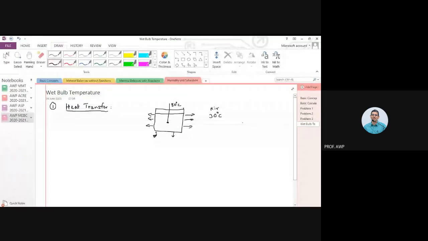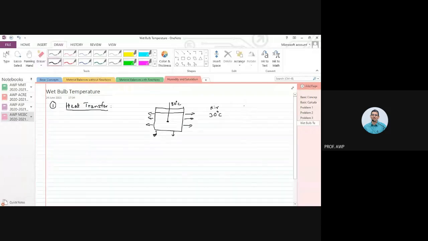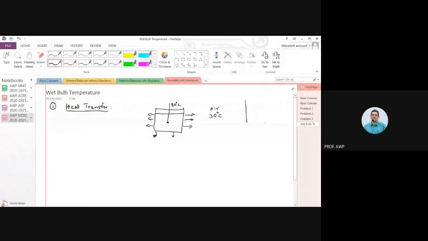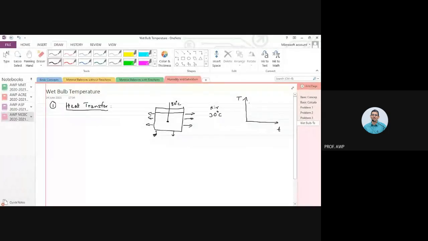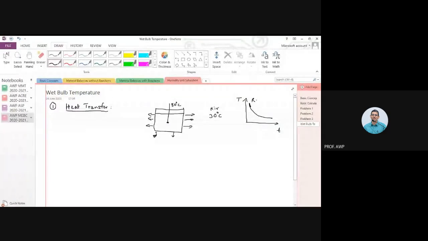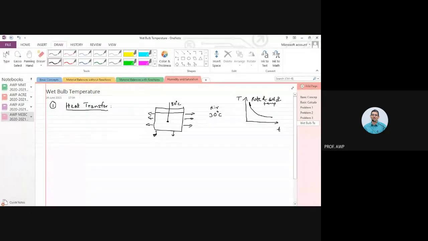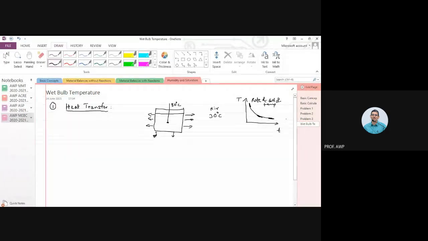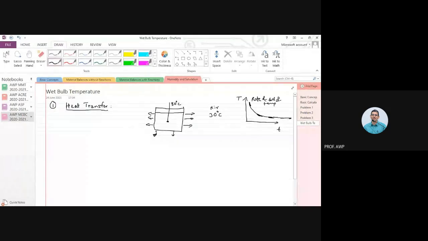So if you plot temperature versus time, the rate of fall of temperature is initially very high, isn't it? And after some time the rate of fall of temperature is less, after some time it is even less, isn't it?